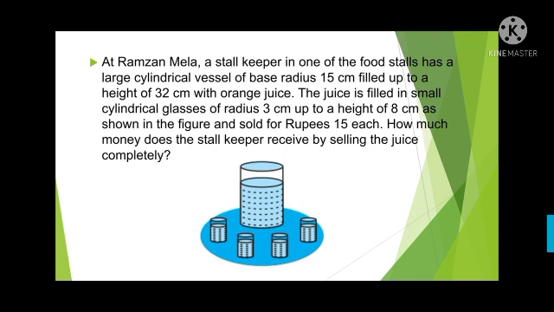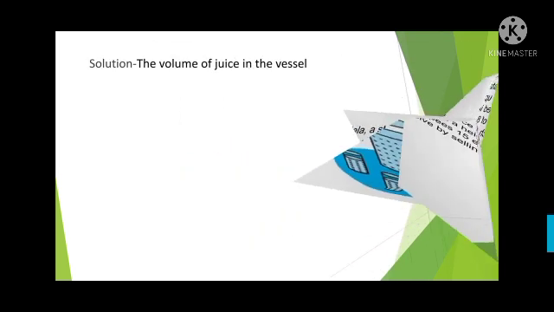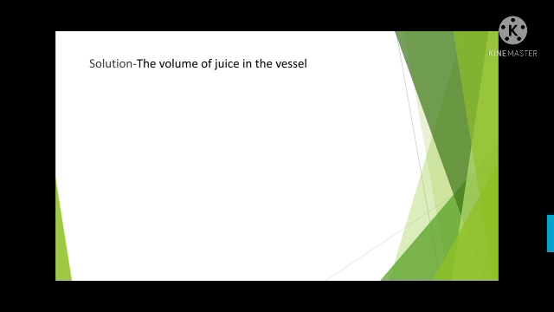From that we will get how many glasses he can sell, and that will be multiplied by the 15 rupees which we are given. Each glass is sold for 15 rupees, and from that we can get the profit or how much money he got.